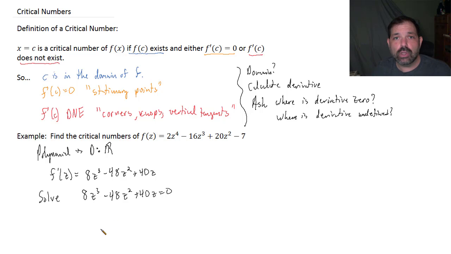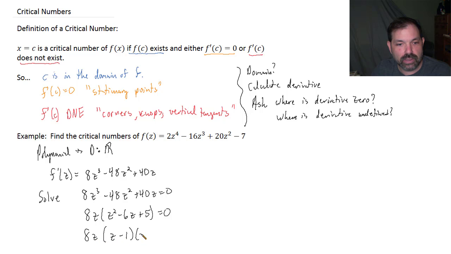And now we have to use techniques that we learned in algebra. We can do some factoring here. Everything's divisible by 8 and z, so we'd have 8z times z squared minus 6z plus 5 is 0. We can continue factoring. That's 8z times z minus 1 times z minus 5 is 0.